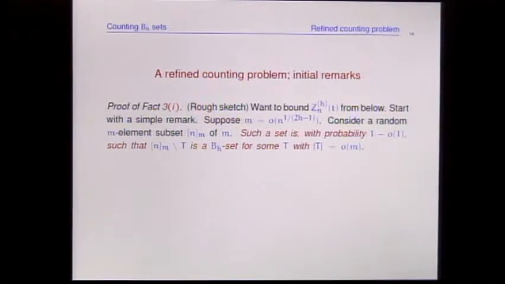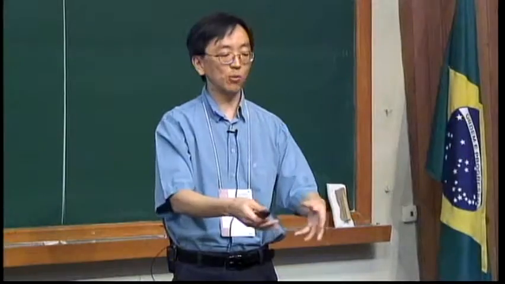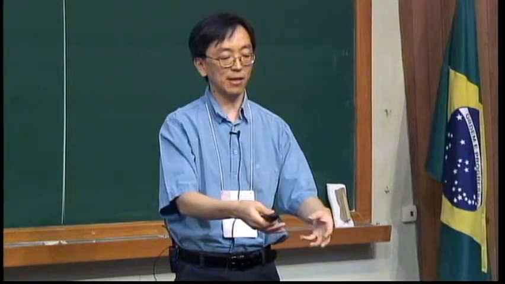This is just a simple expectation calculation. You can delete some elements of your random set to make it a B_h set. So you generate this random m-set, and it contains a B_h set of about the same size. So that's a way of counting B_h sets with t elements.